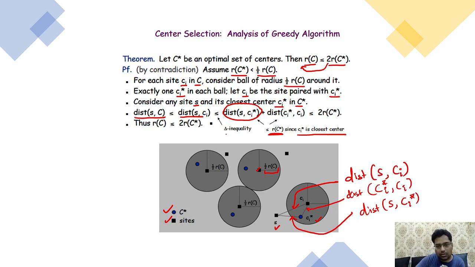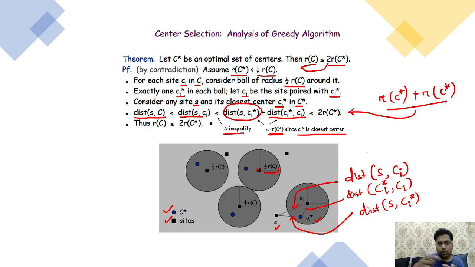And the inequality follows here also: this one is also less than R star. That's why when you add R(C star) plus R(C star), it gives 2 R(C star).